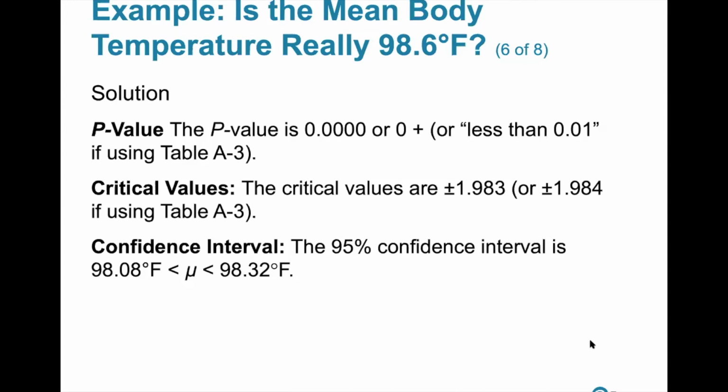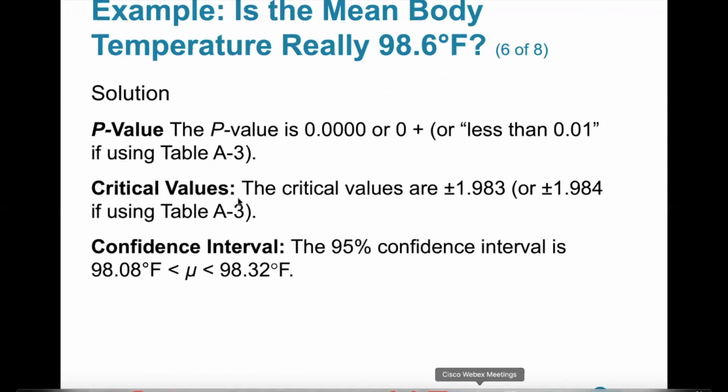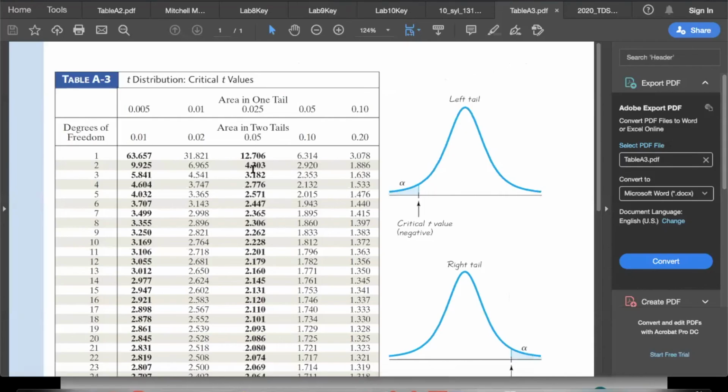Because it's a two-tailed test, we are looking for a pair of t-scores that cut off a combined area of 0.05. Okay, so I can get that out of the table. Switch back to the table here. Okay, so area in two tails, 0.05.